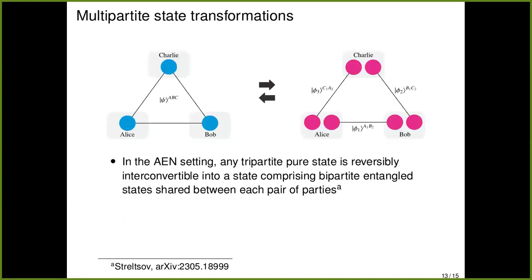Another interesting observation here is that in this setting, if you have a tripartite pure state, you can always reversibly interconvert it into bipartite pure states shared between all the parties.